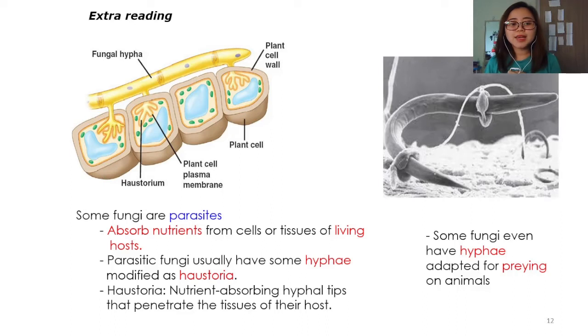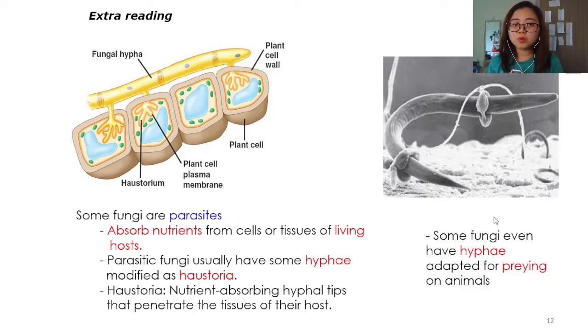Haustoria are special nutrient-absorbing hyphal tips that penetrate the tissues of the host. It's the same thing as the whole fungus, just smaller, and it can go into the host cell. So it goes into the host cell and steals the nutrients. That is for parasitic fungi.